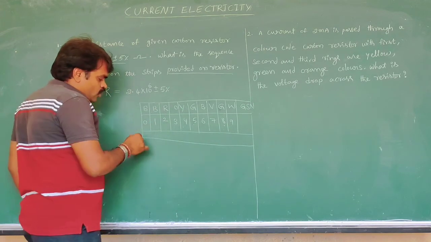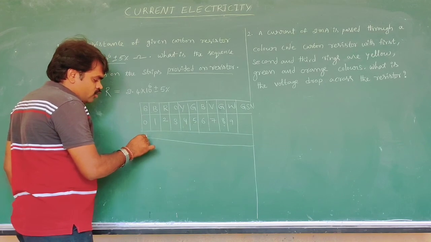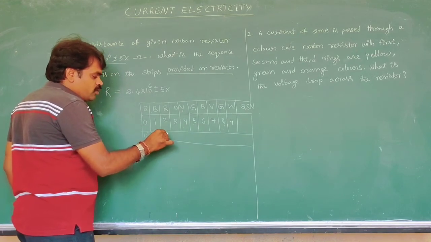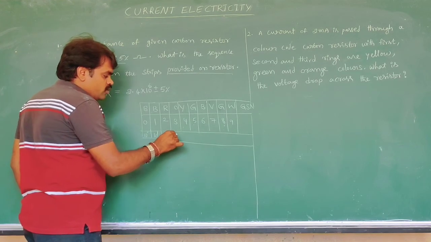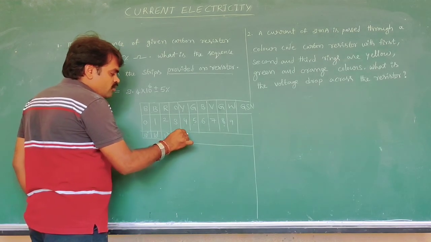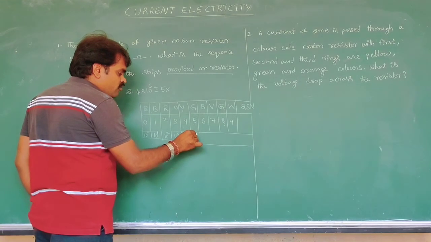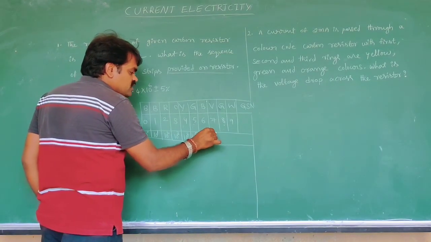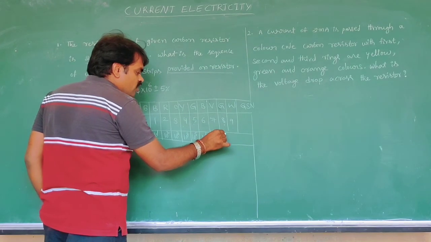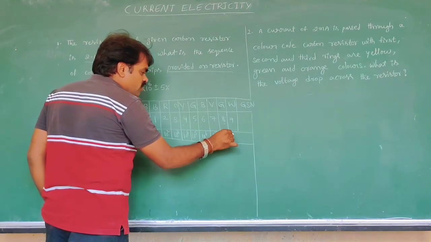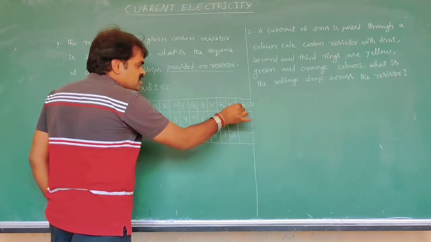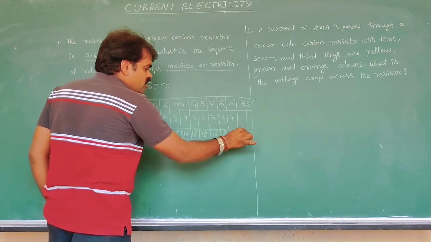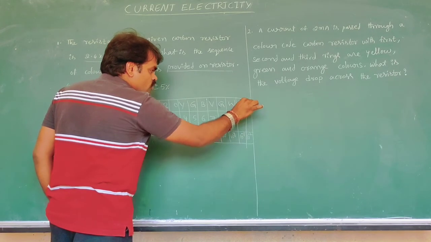Now the multiplier: 10 to the power of 0, 10 to the power of 1, 10 to the power of 2, 10 to the power of 3, 10 to the power of 4, 10 to the power of 5, 10 to the power of 6, 10 to the power of 7, 10 to the power of 8, 10 to the power of 9, and then 10 to the power of minus 1, 10 to the power of minus 2.